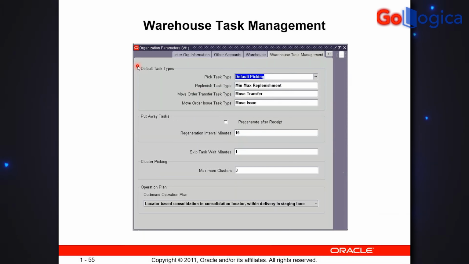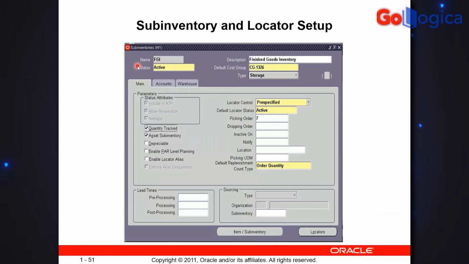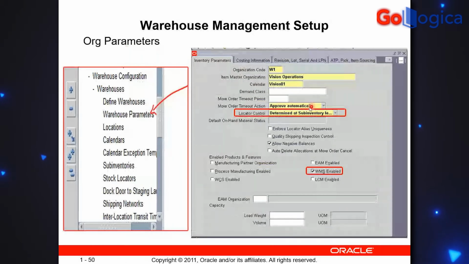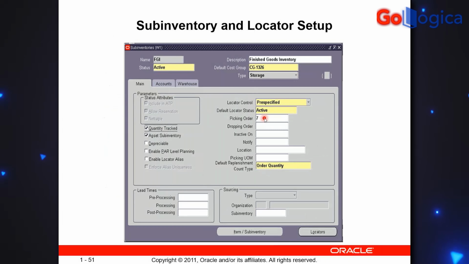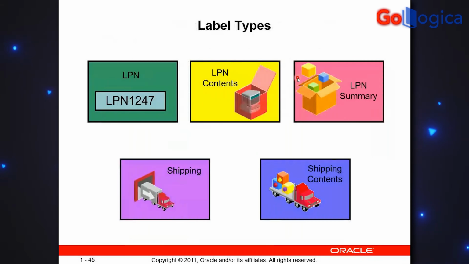If you have noticed in the subinventory setup, you would have seen a default cost group is defined here. Cost group can be defined first on your org parameter level, and then in your subinventory level. Now, first, why is it cost group and why is it needed?